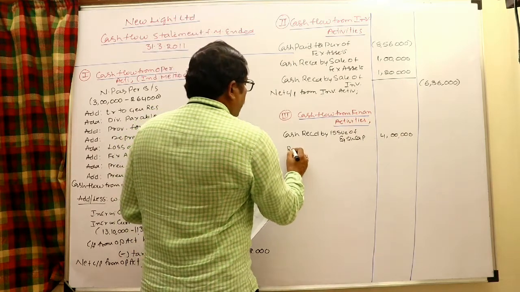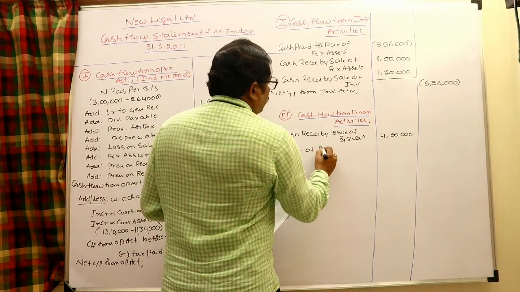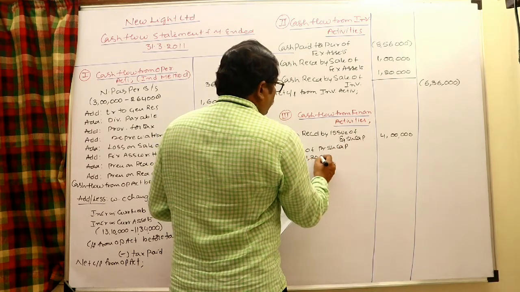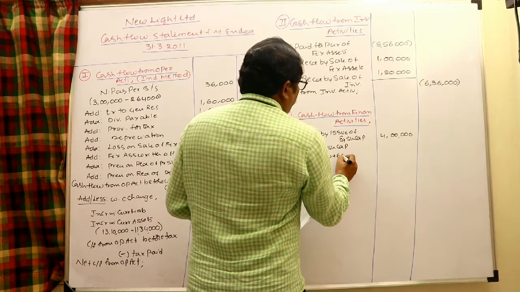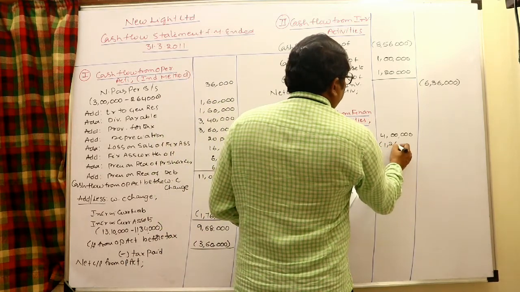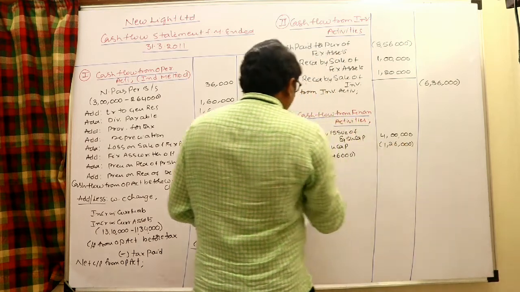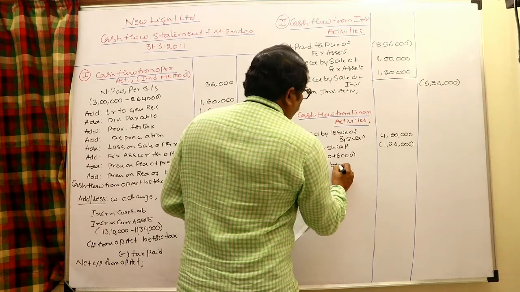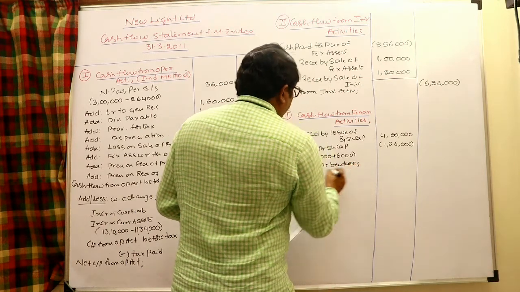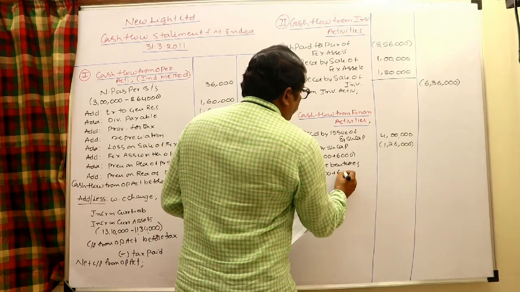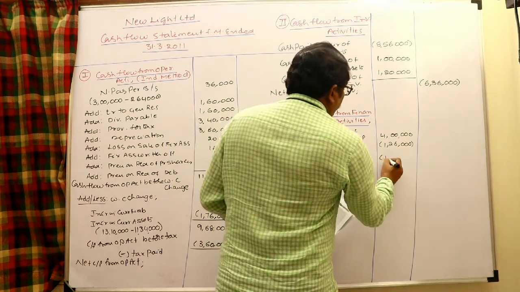Redemption of preference share capital reduced by 1,20,000 plus 5% premium paid, it would be 1,26,000. Redemption of debentures is also reduced by 1,20,000, again 5% premium 6,000 paid, 1,26,000.